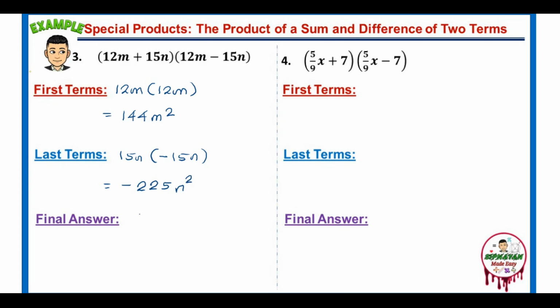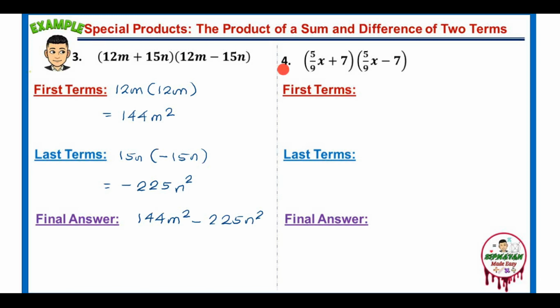Combining the product of the first terms and the last terms, we have 144m squared minus 225n squared.